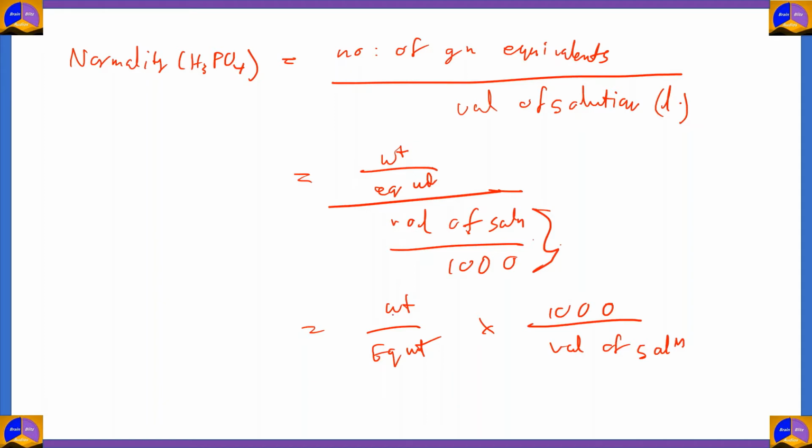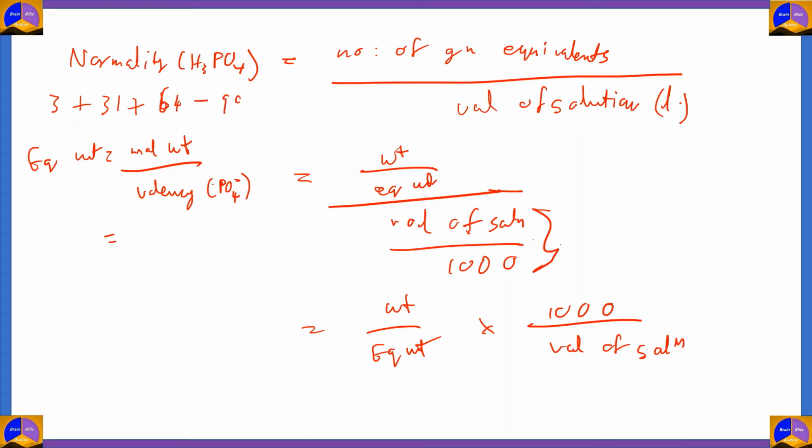But how do you find the equivalent weight of H3PO4? So equivalent weight is equal to molecular weight divided by the valency of PO4 minus. So the molecular weight on calculating, you get 3 into 1 plus phosphorus is 31 plus O4 is 64.